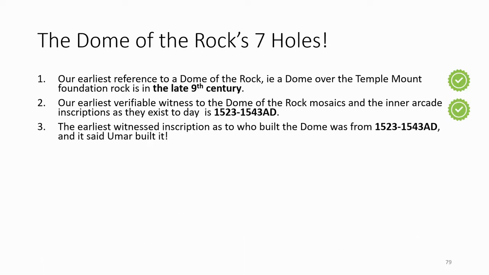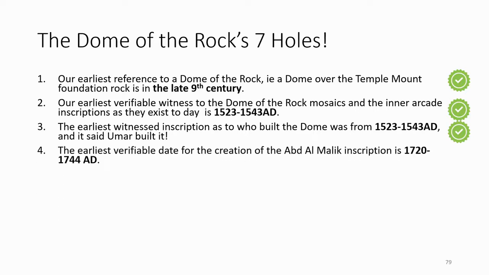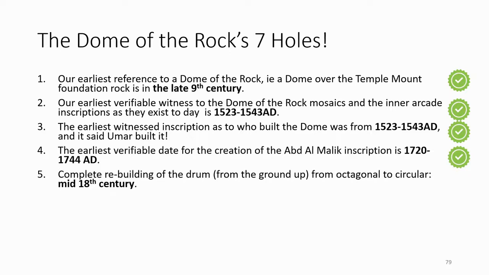Number 3, the earliest witness inscription as to who built the dome was from the same period, 1523 to 1543, except it claims to be built by Umar. And then the earliest verifiable date for the creation of the Abd Al Malik inscription is 1720 to 1744 AD. The complete rebuilding of the drum from the ground up, from octagonal to circular, mid-18th century.